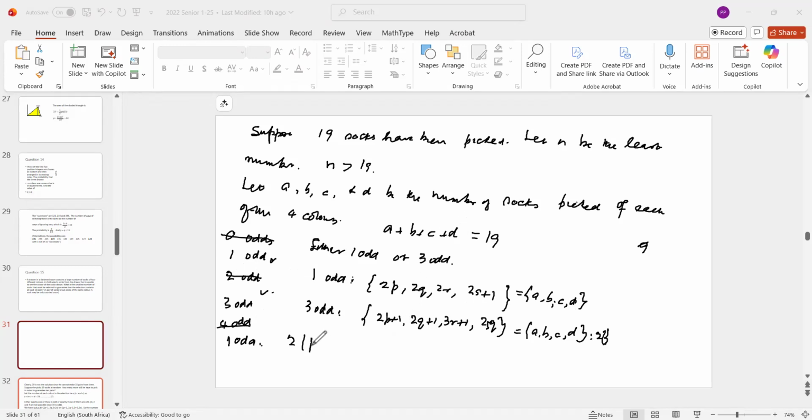So if you take out the 2, here you have p plus q plus r plus s is 19 minus 1, 18, so it's 9.